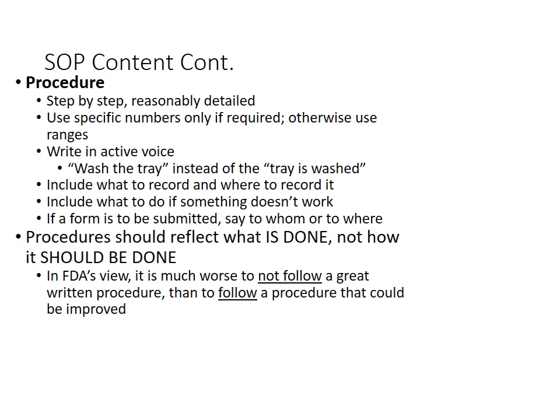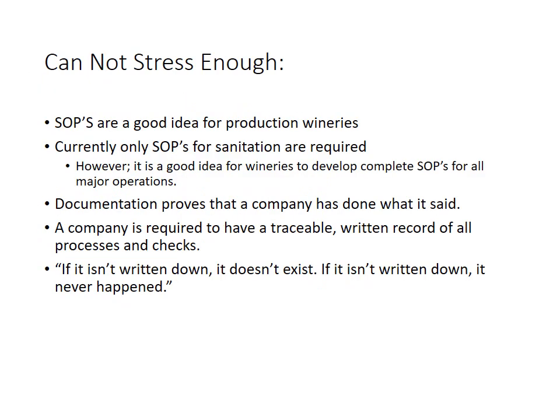So just make a great written procedure that's easy to use. Again, it has to be easy to use. I cannot stress this enough. SOPs are a good idea for production wineries. We should all be doing this.